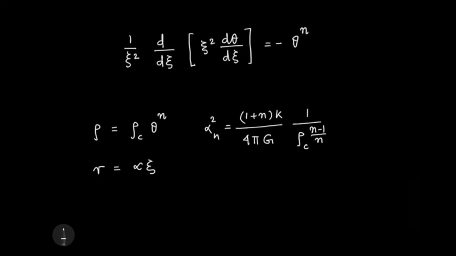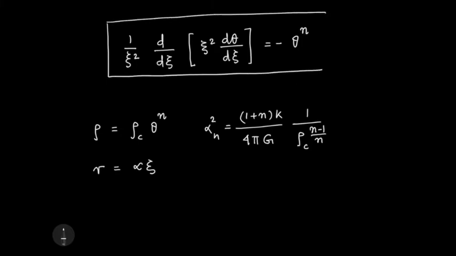Now this is what I have. Once I have done with all the circus, this is the final thing that I have had. This equation is a very important one for polytropic equation of state stellar structures.